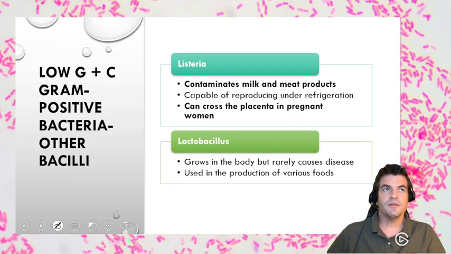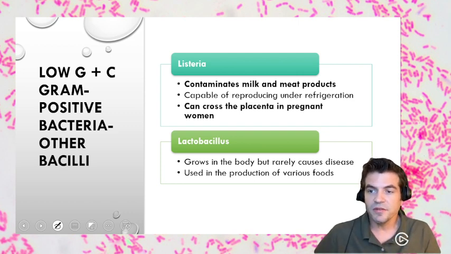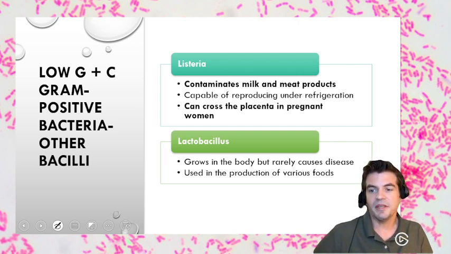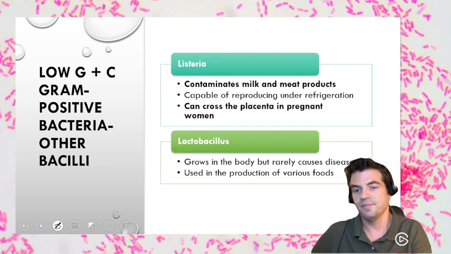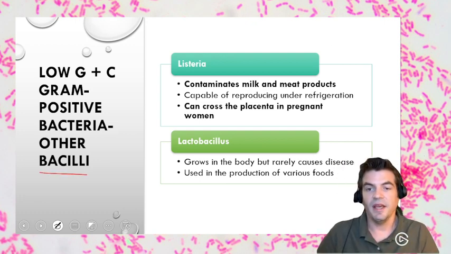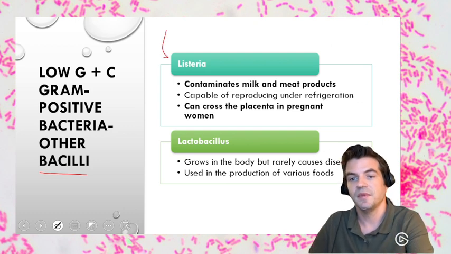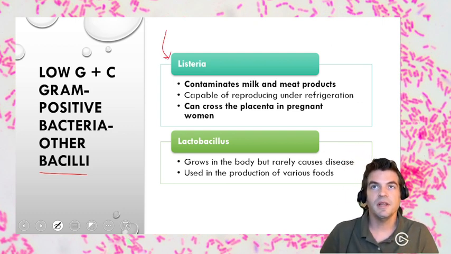Next to final group of low GC positive bacteria are called other bacilli. And we have Listeria. Listeria is very important in pregnant women.